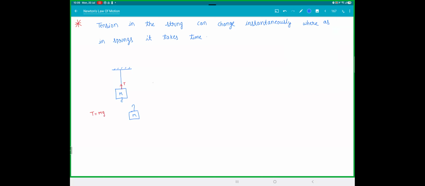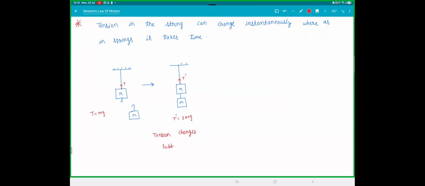The moment you attach this block with a hook, the tension suddenly becomes T dash and T dash becomes 2mg. It changes instantaneously. So strings can change the value of tension suddenly.